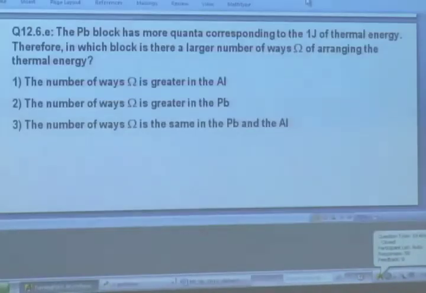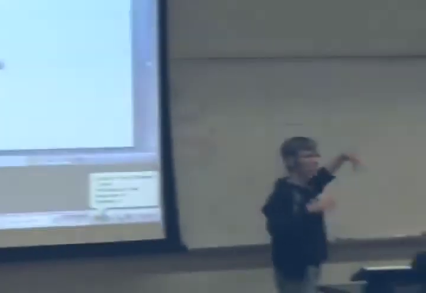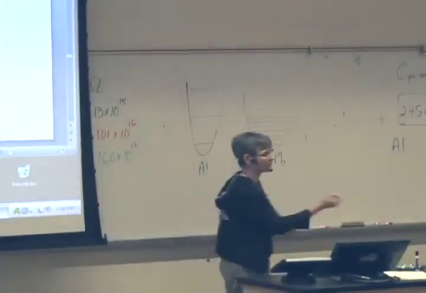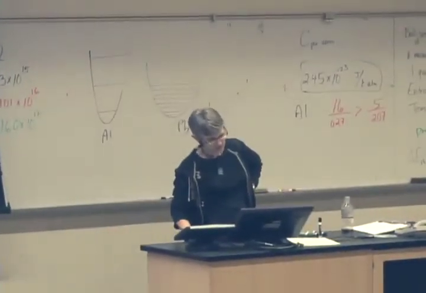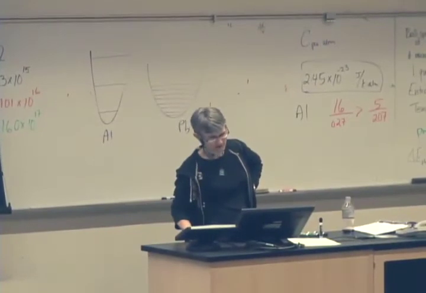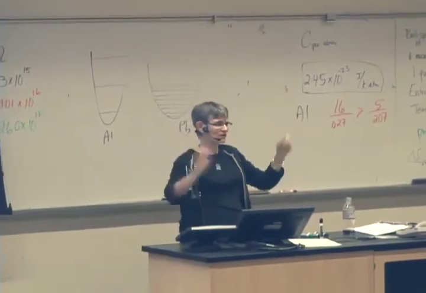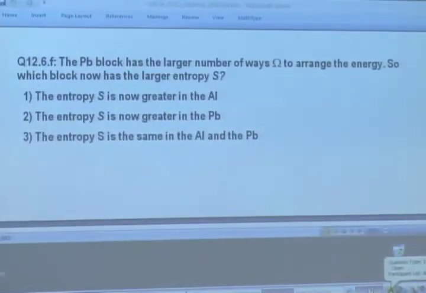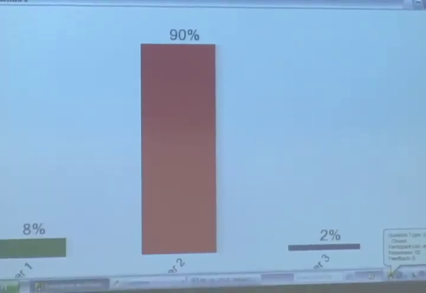Okay. So there's just plain more ways of arranging the energy because it's more quanta, so you can shuffle it around more. All right. So if there are more ways of arranging the energy in the lead, which block has the greater entropy now? Okay, greater entropy for lead.